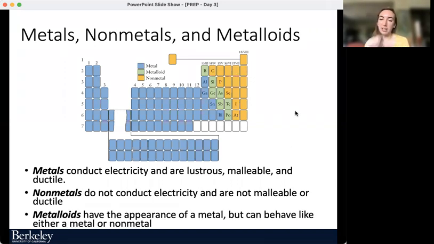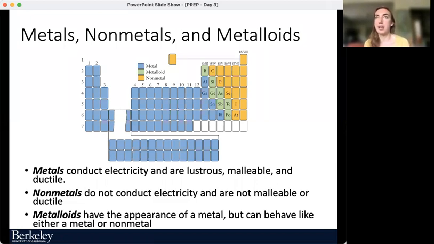And then these metalloids in the middle are a little bit ambiguous. People don't even agree totally on which ones to classify as metalloids and which ones aren't. So I really don't want you to get caught up in the precise definitions. Some people define these differently. But basically, they're ones that are ambiguous, and they often look like a metal, but under different conditions can behave either like a metal or a non-metal.